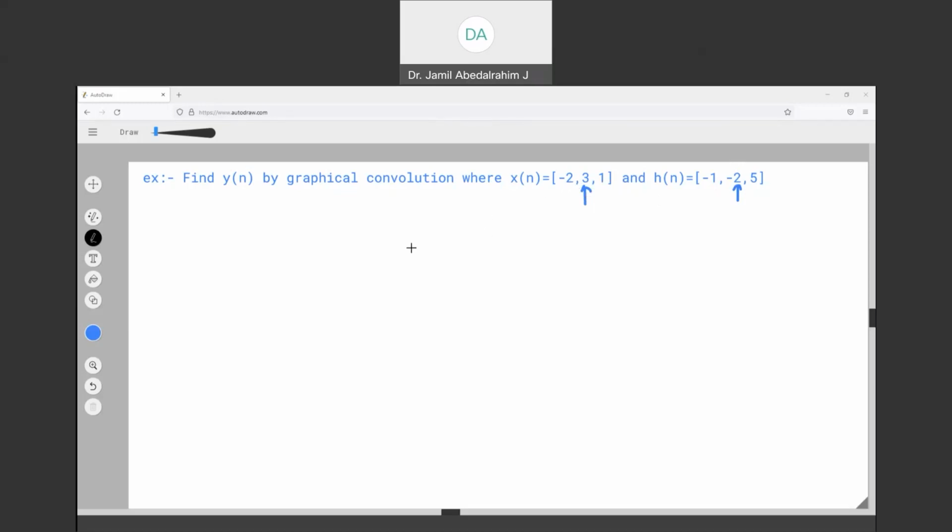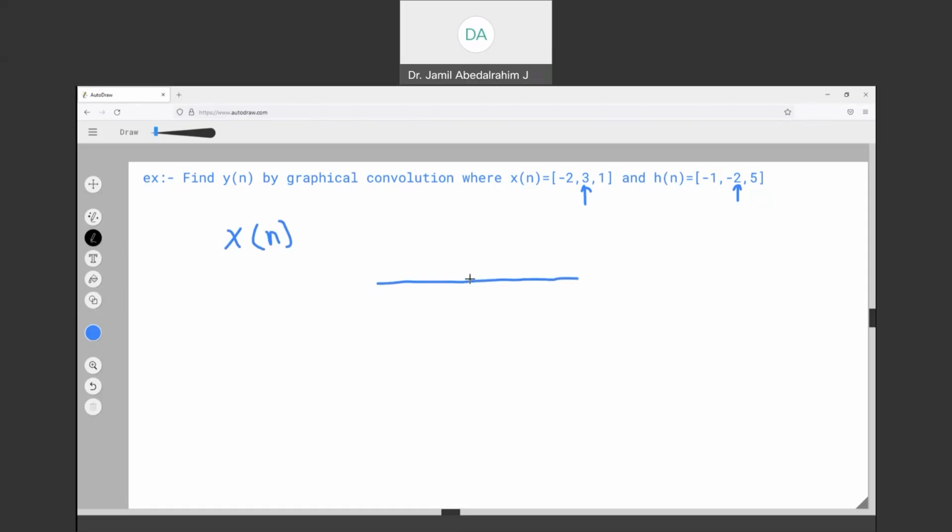Okay, so this is a graphical method. The solution here is graphical. That means we need to draw the x of n. Let's draw the x of n, as I explained just now. The arrow here means the 0 location.